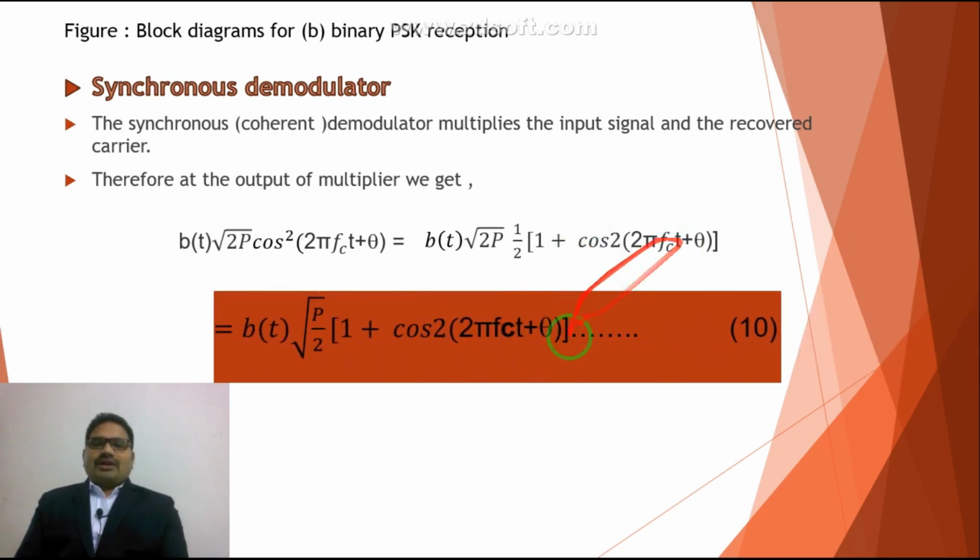This is your final equation. We can write it in this term also, that you can take this 2 inside the square root. So it would become b of t square root of P by 2 times (1 plus cos(2 pi fct plus theta)). Make it as equation number 10.